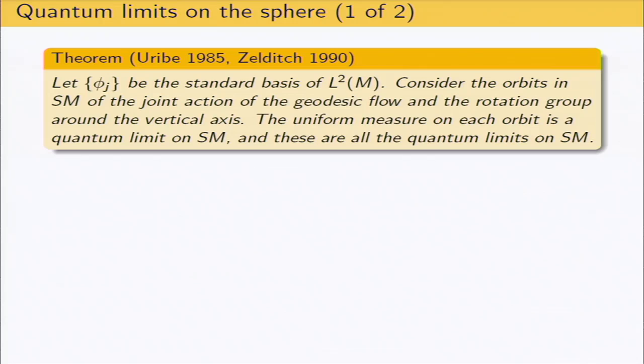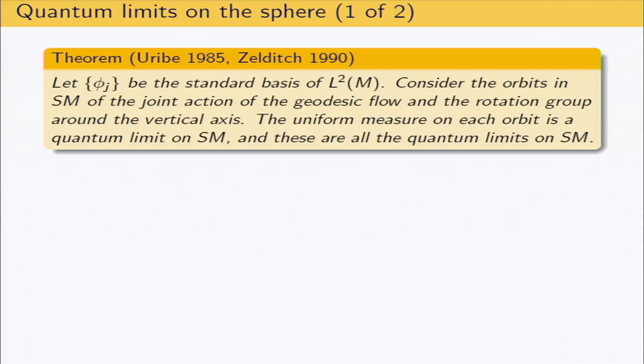But what happens is that if you look at the orbits in phase space of the joint action of the geodesic flow and this rotation, which is nothing but what I said, take a geodesic with its tangent vectors and rotate it around the vertical axis, then the uniform measure on each orbit, so typically such an orbit is a two-dimensional torus embedded in a three-dimensional phase space.